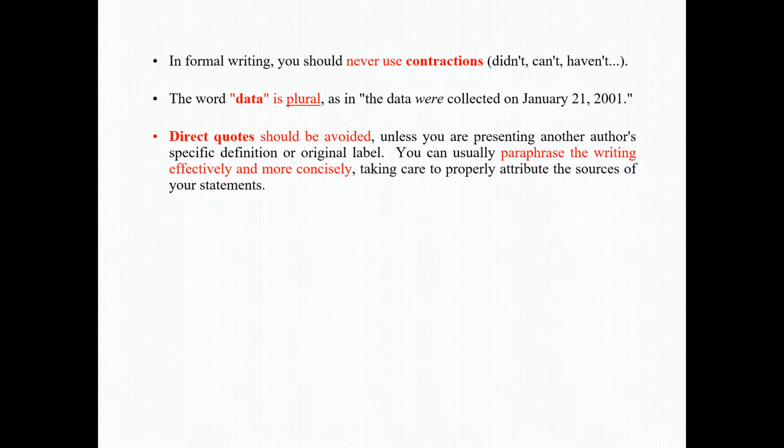Direct quotes should be avoided unless you are presenting another author's specific definitions or original labels. You can usually paraphrase the writing effectively and more concisely, taking care to properly attribute the source of your statement. If you do not paraphrase your writing, there will be problems reported by the journals, because they normally scan your work with similarity index software.